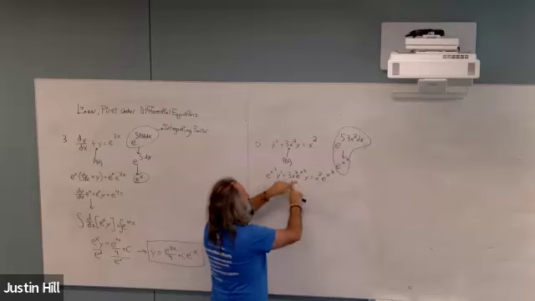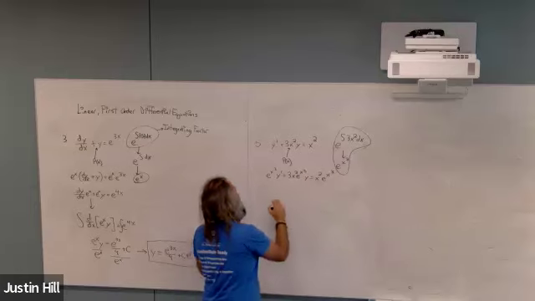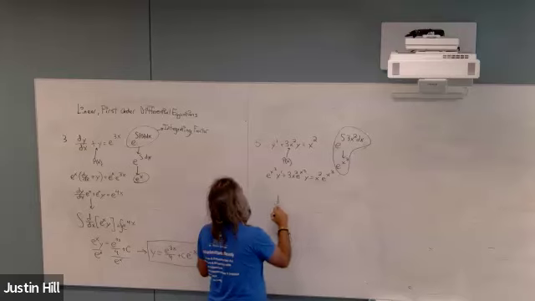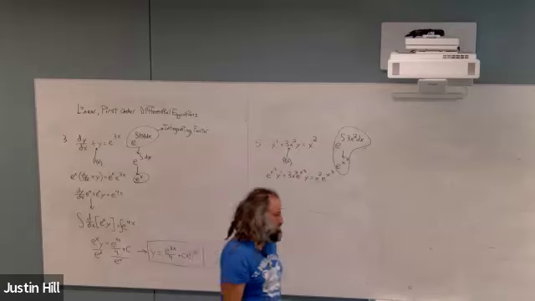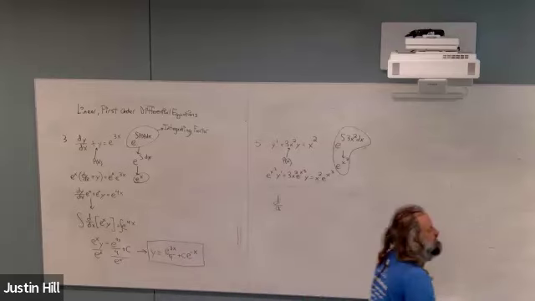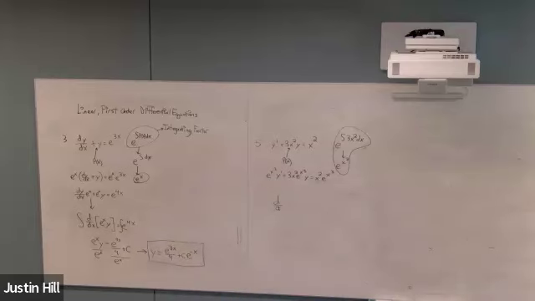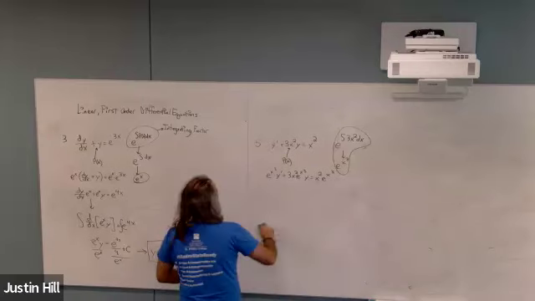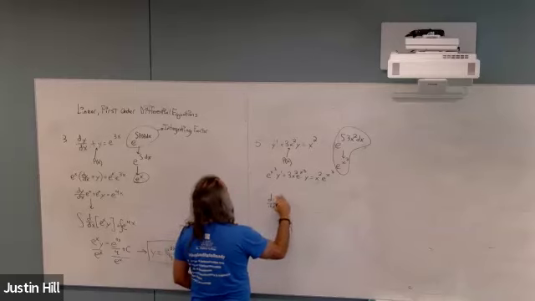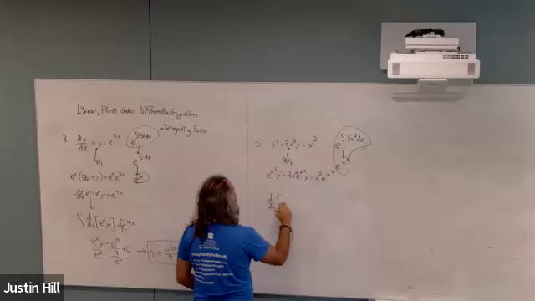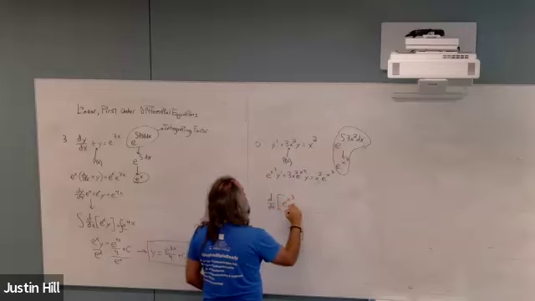So that's the derivative of that times y, which means this whole thing is just the derivative of e to the x cubed times y.